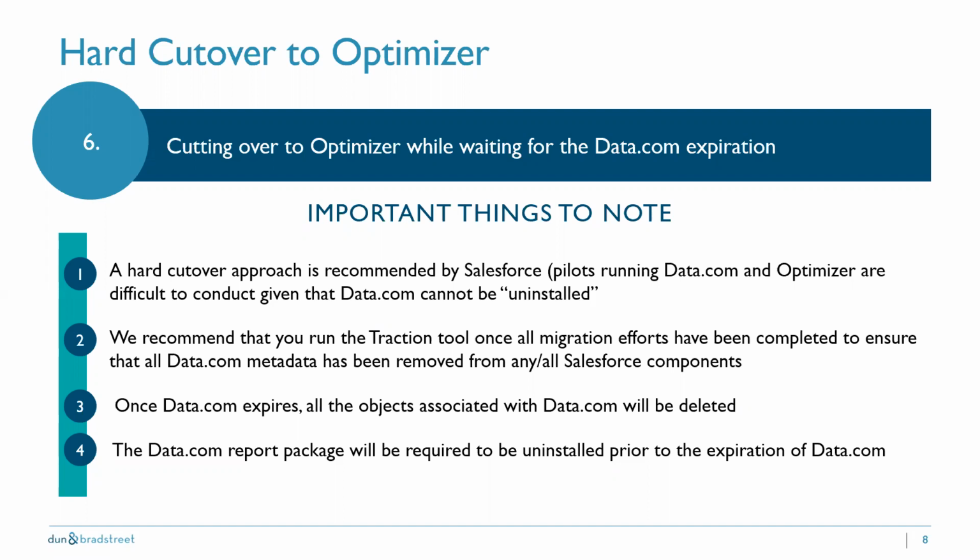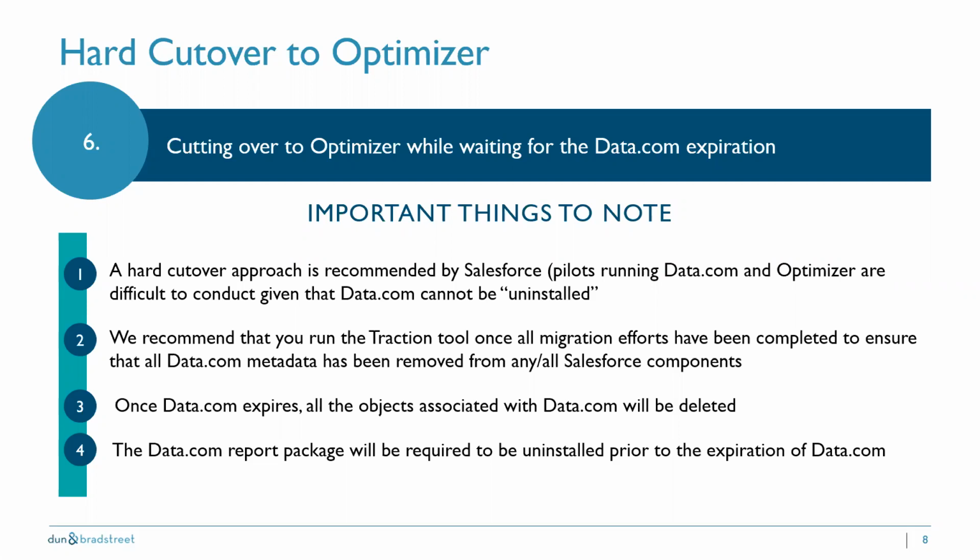After you've done the migration, stood everything up, and done your transition, if you run the traction tool again, you can run it as many times as you want, it'll tell you exactly where the metadata is located. And of course, if you see it still existing in places it shouldn't be, you'll want to be able to address that.